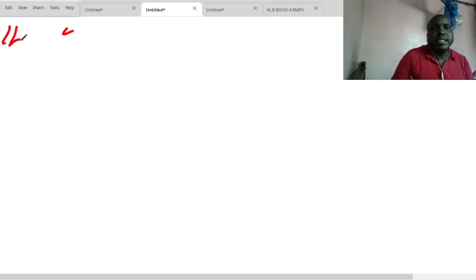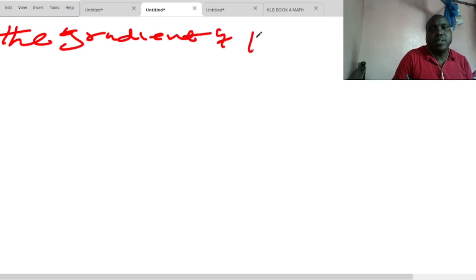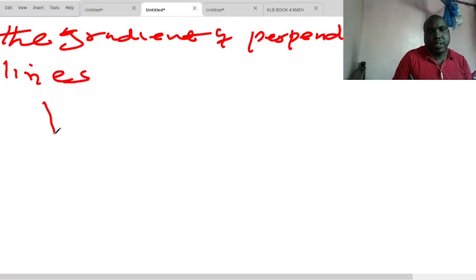Now I'm going to the perpendicular relationship. The gradient of perpendicular lines. So perpendicular lines are like this.